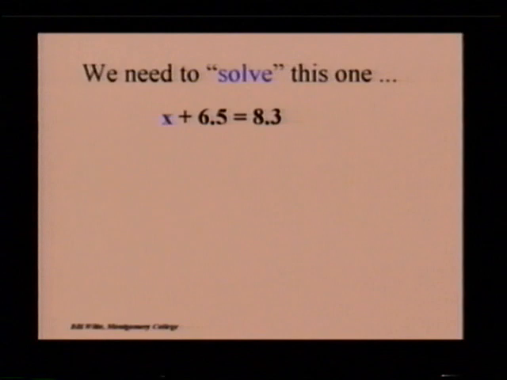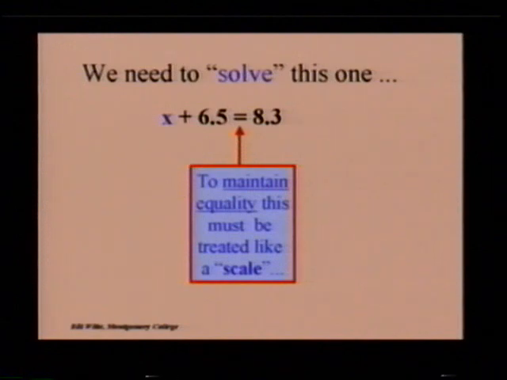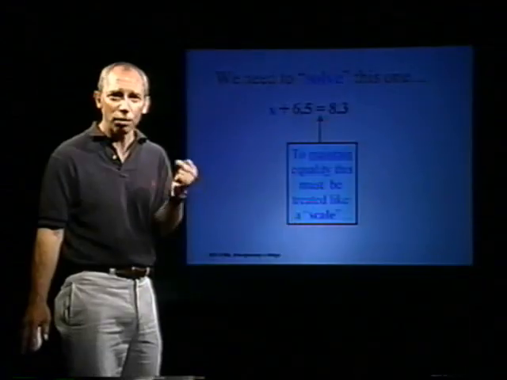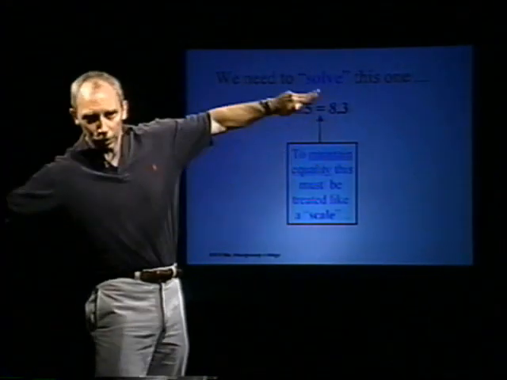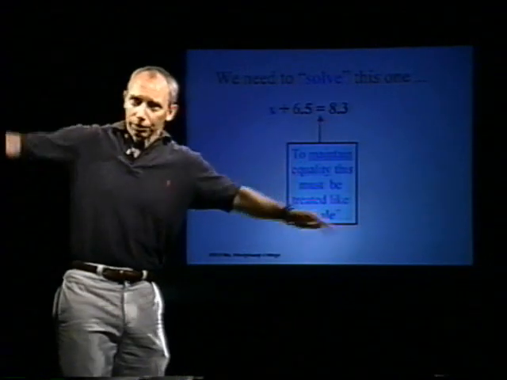Well, let's see. What's keeping it from being by itself? That's 6.5. That equal sign is like a giant scale. So it's going to be important when we're trying to get x by itself, whatever we do on one side of the equal sign, like a giant scale, we're going to have to do on the other.